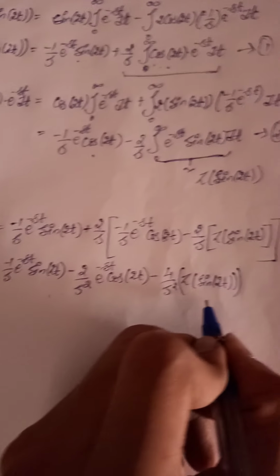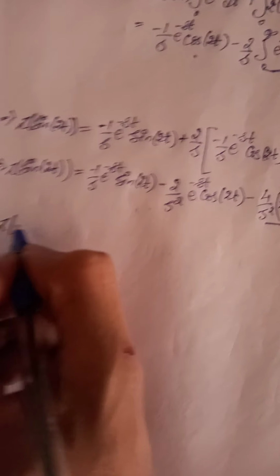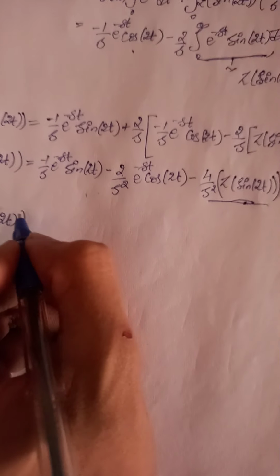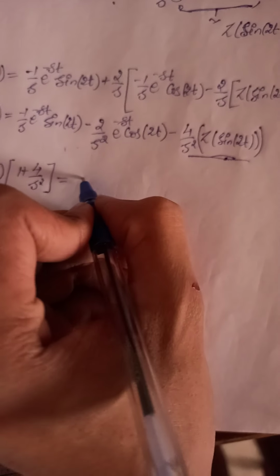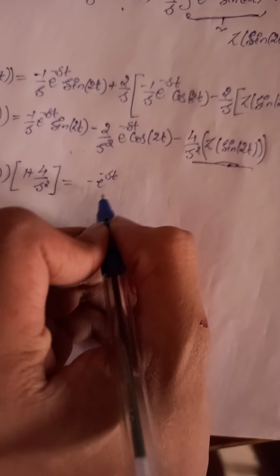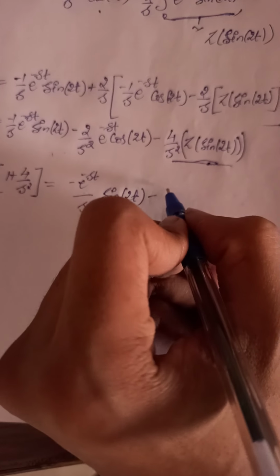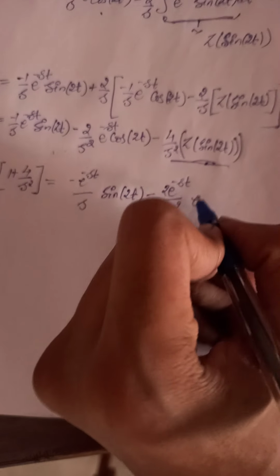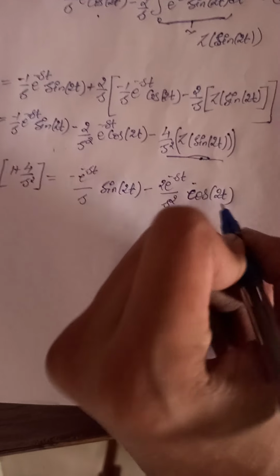Now let's take this term to the LHS. We will have Laplace of sine 2t multiplied with 1 plus 4 by s square, which equals minus e power minus st by s sine 2t minus e power minus st by s cos 2t.